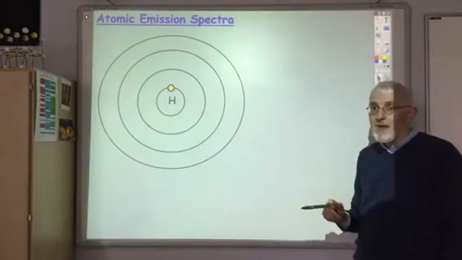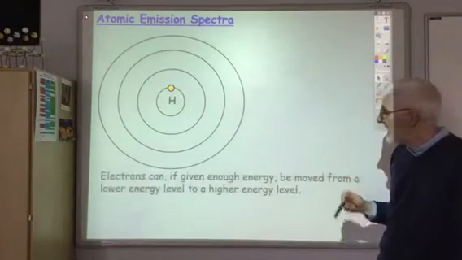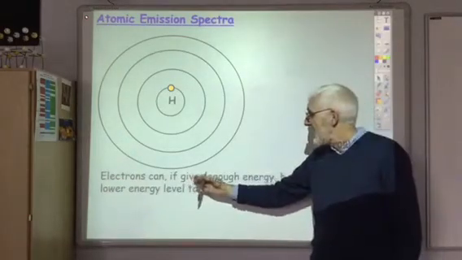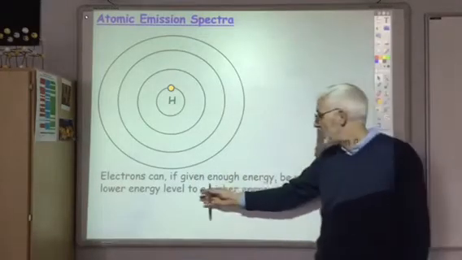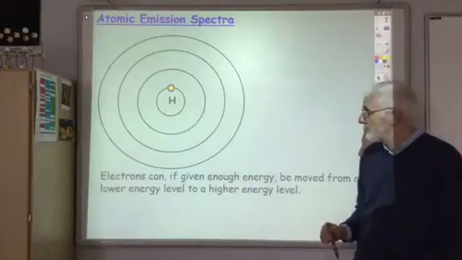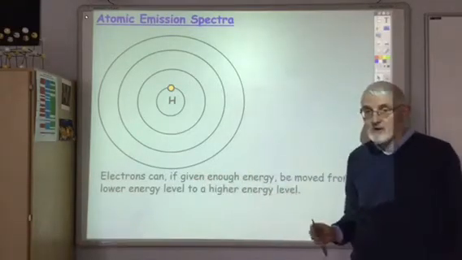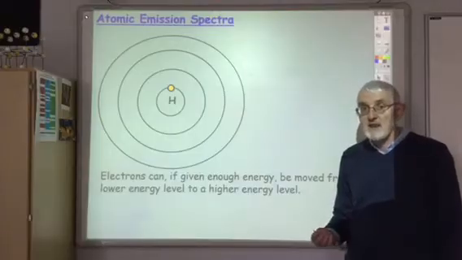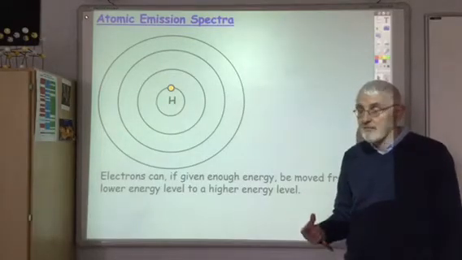Now, in atomic emission spectra, the first stage is that electrons can, if given enough energy, be moved from a lower energy level to a higher energy level. Now, there's two different ways we give them enough energy. In the flame test, it's the heat from the Bunsen burner which provides the energy.